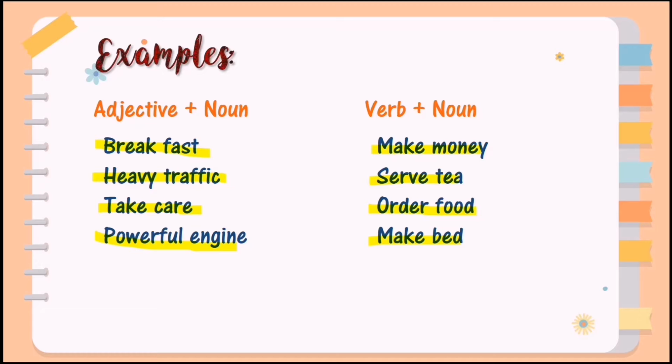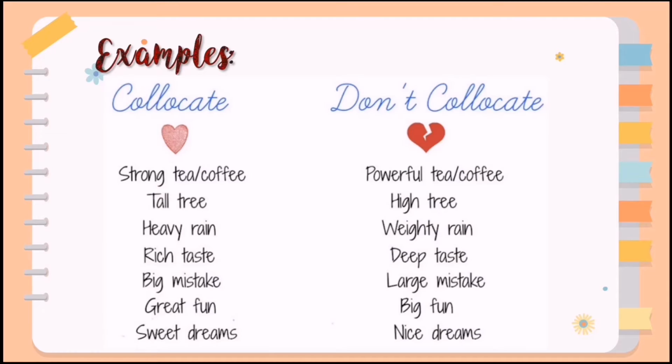Why are we using collocation? There are words that can be collocated and some that cannot. For example, class, if you are going to describe a tea, you should not say powerful tea. That's not a good collocation. You say strong tea, strong coffee.